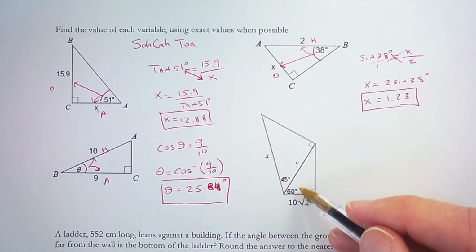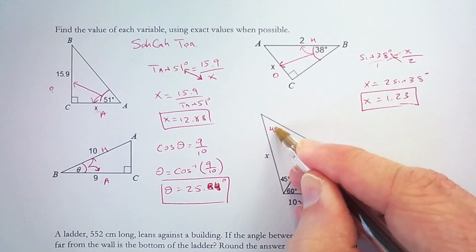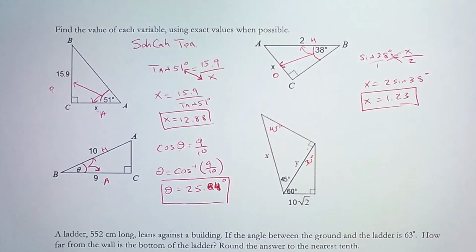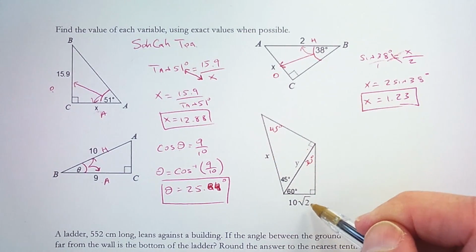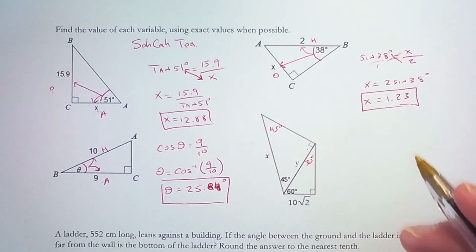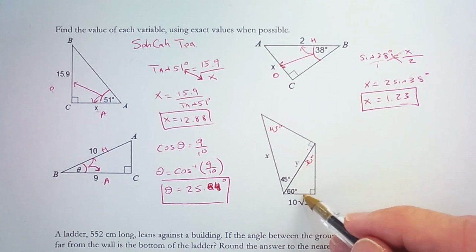Next, we have a 30-60-90 triangle and a 45-45-90 triangle. I'm going to walk through this using shortcuts, and then I'm going to use some more math to solve. So if you like shortcuts, this first way will be the easier way. So in a 30-60-90 triangle, I know that the hypotenuse is exactly double the short leg.